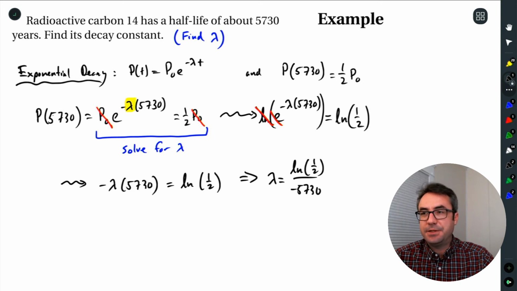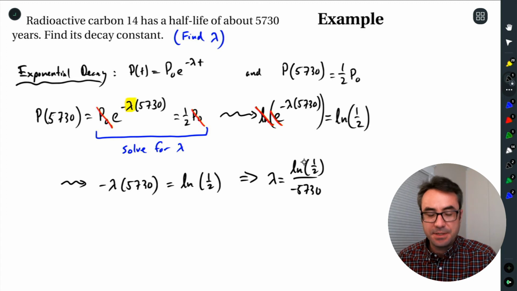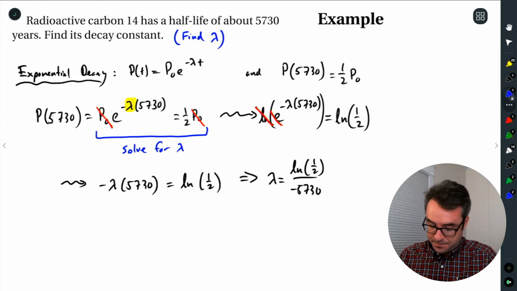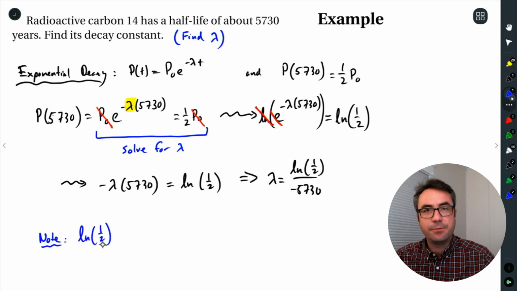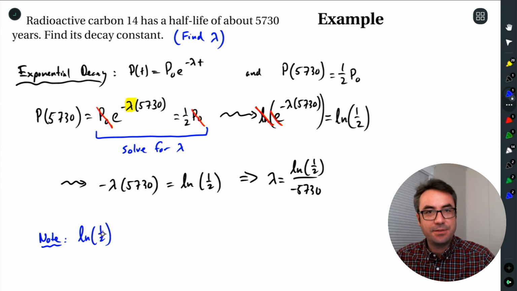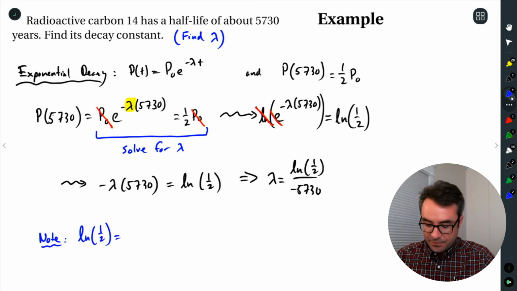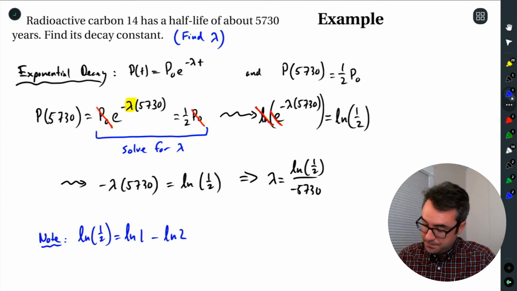And if we really wanted to, we could simplify this down. So this natural log 1/2 actually does simplify. So natural log 1/2, if we remember back, we learned some natural log properties. So when we have a fraction inside the log function, this gets converted into subtraction. So it's actually natural log 1 minus natural log 2, and natural log 1 is just 0.